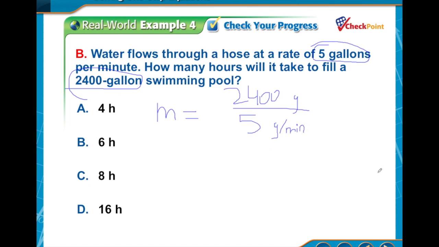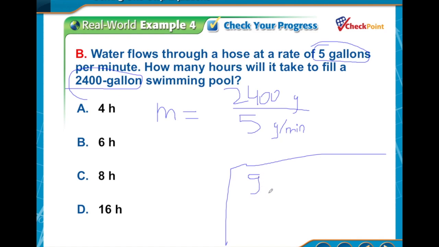Now, as a side note, before we solve our problem here, we can always check the units to know what needs to go where, because we need to get minutes out as our units in order to make sure we're getting the right thing. So gallons divided by gallons per minute, let's double check that those units check out.